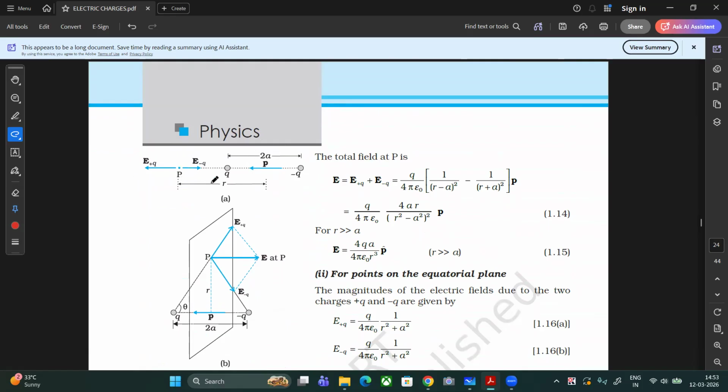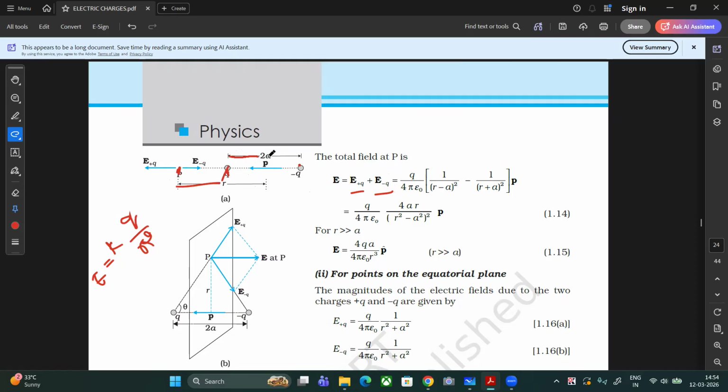We know the electric field due to a point charge is KQ by R square. This is a simple formula to denote the point charge electric field. So we have to find the electric field due to the two point charges at the point P. We just add E plus Q and E minus Q. Here the distance varies.